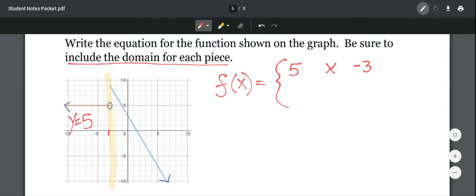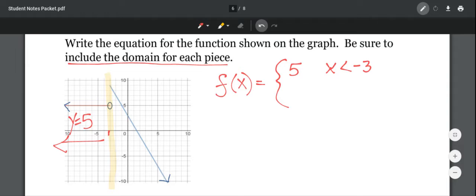We did inequalities. So now this next one, x is going to be smaller because we're going this direction, x values are smaller. So it's x is less than -3. There's an open circle, so it is just less than.